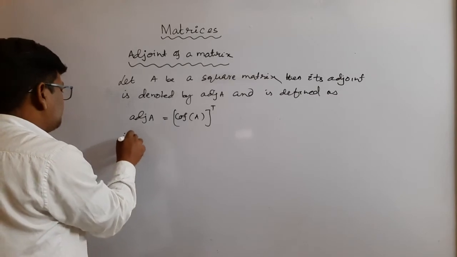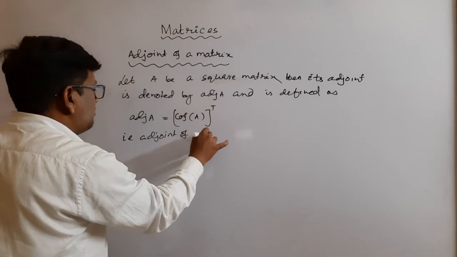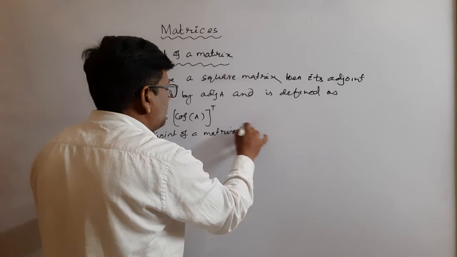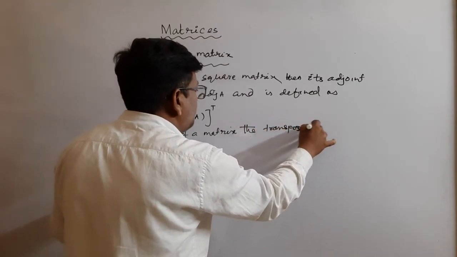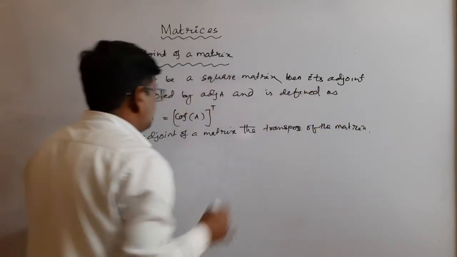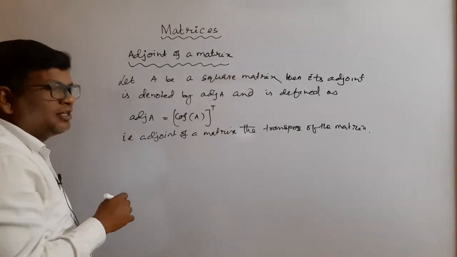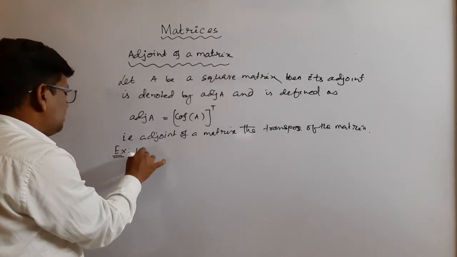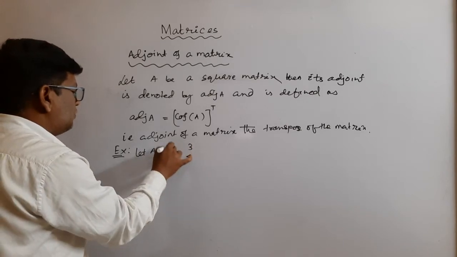That is, the adjoint of a matrix is the transpose of the cofactor matrix. Okay, now let's discuss how to find adjoint A. Example: let A is equal to 2, 3, 1, 4.